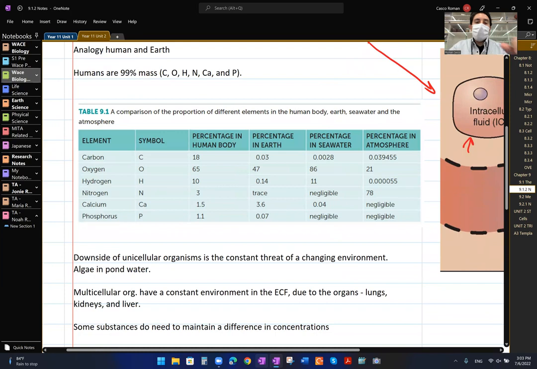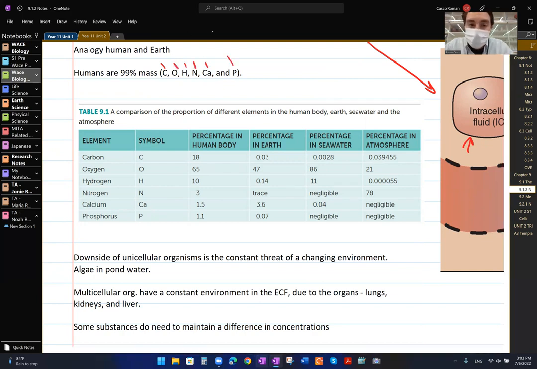If you were to think of the human as just one single mass, the majority of the content of humans and other living organisms for that matter is that 99% of our mass is made up of just these 6 elements: carbon, oxygen, hydrogen, nitrogen, calcium, and phosphorus. We do have some other ones, but they're not as great in terms of quantity. We're 99% composed of these elements here.